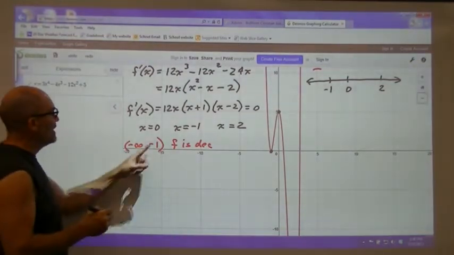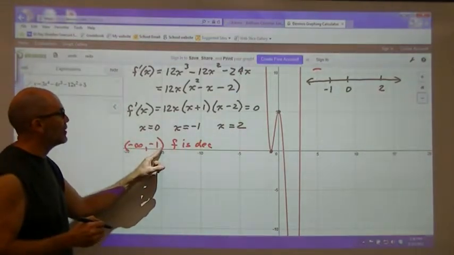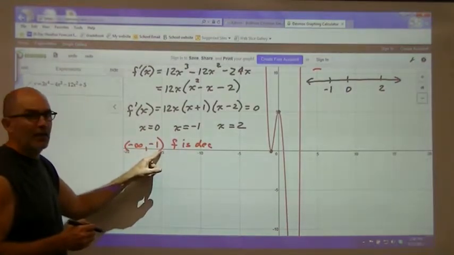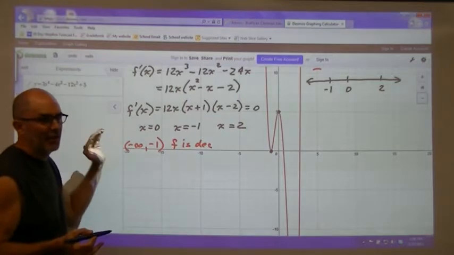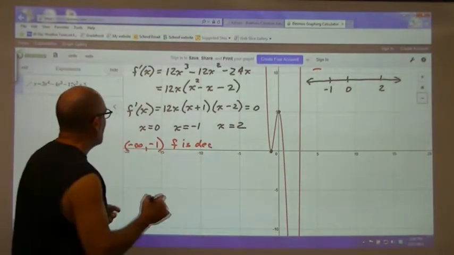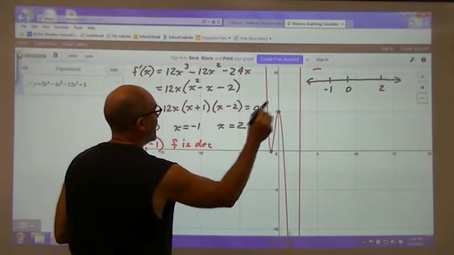Now, when we get to negative 1, f is neither decreasing nor increasing, it's 0. So that's why I have an open interval here. And negative infinity isn't a number, so clearly you never have a bracket at negative infinity or positive infinity. Okay, so now what happens from negative 1 to 0?